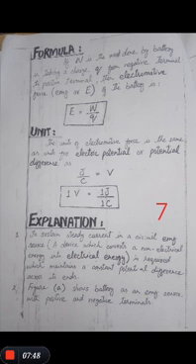Its unit can be calculated as: the unit of the electromotive force is the same as the units for the electric potential or potential difference. As ability to do work is known as energy, when the work is done by the charge, in terms of physics it can be written as V is equal to joule per coulomb. So 1 volt is equal to 1 joule per 1 coulomb.